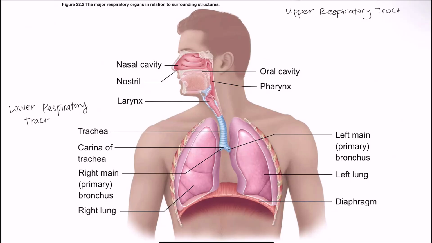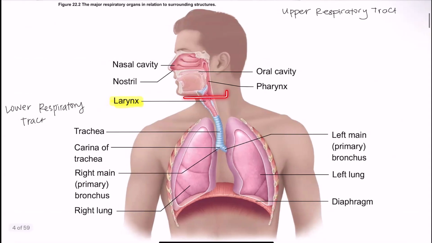So the upper respiratory tract is everything that falls above this artificial dividing line, the larynx. I'm going to highlight the larynx. So everything that's above the larynx is part of the upper respiratory tract. So this is stuff like the nasal cavity, all that stuff up here. We have the pharynx, everything up there.